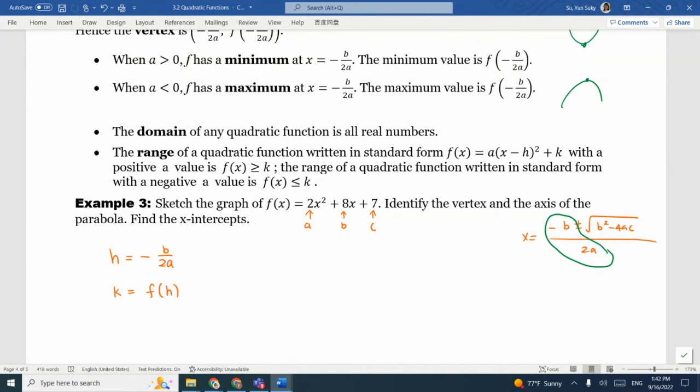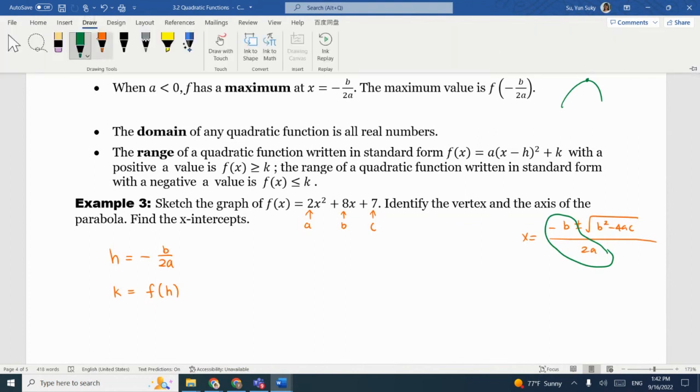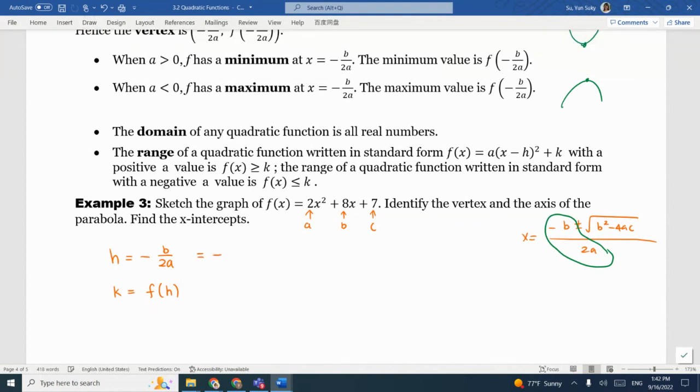Okay, now we plug it in. We have negative b, what's b? 8. Over 2a, what's a? 1. So what is this? Negative 4. Okay, good. So my k is f of h, h is negative 4.